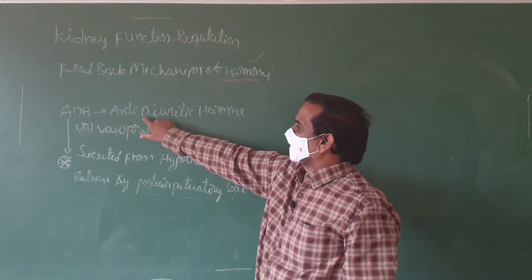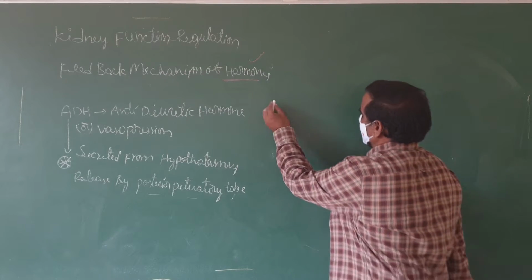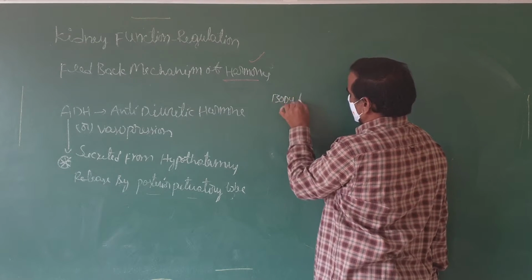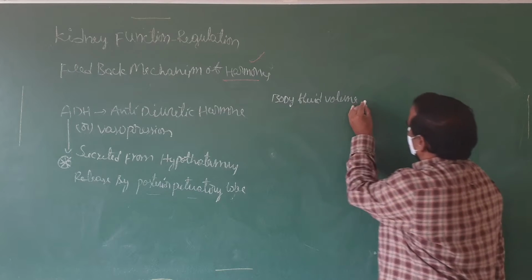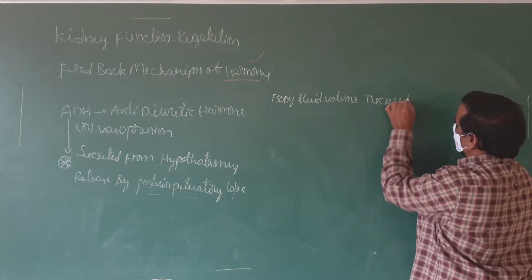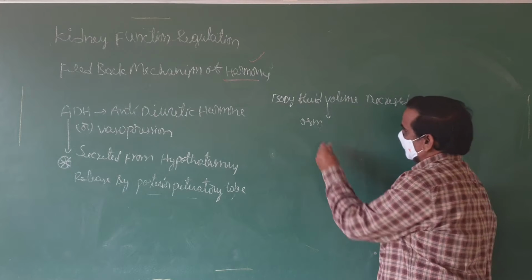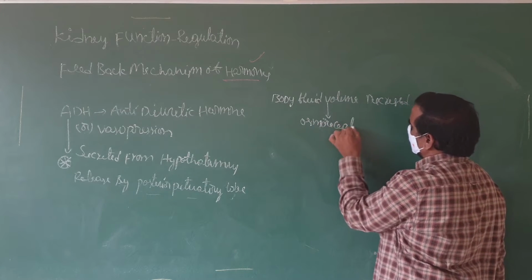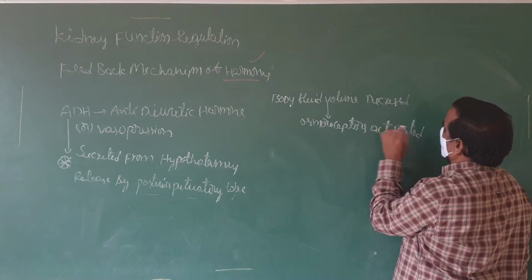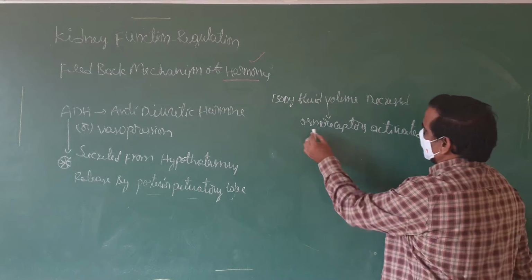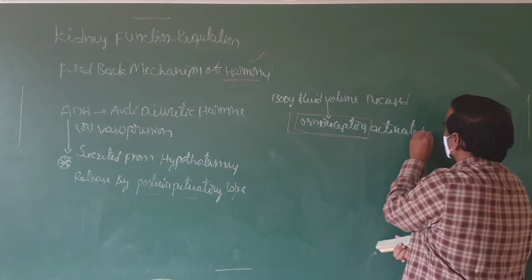What is the role of this ADH, antidiuretic hormone or vasopressin? When body fluid volume decreases, initially osmoreceptors are activated.